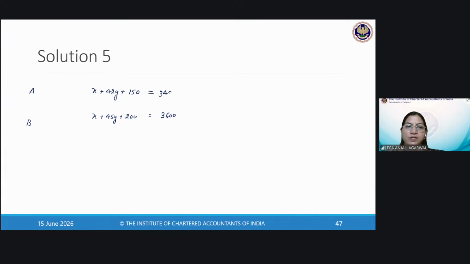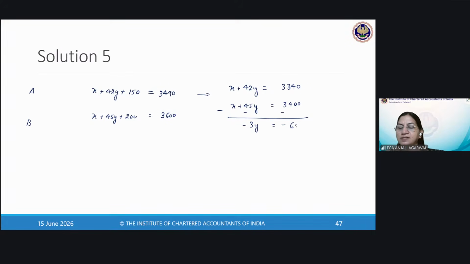You can solve the two equations. You can rewrite it as X plus 42Y is equal to 3340 and X plus 45Y is equal to 3400. When you subtract the two equations, you will get minus 3Y is equal to minus 60. Y is equal to 20 rupees per hour.